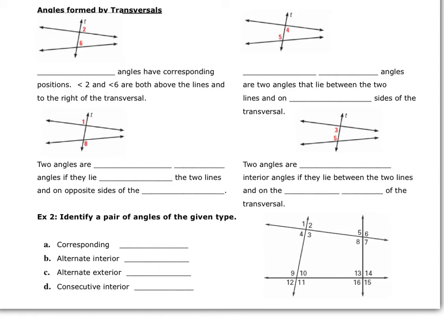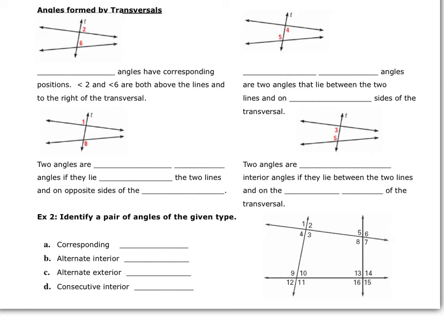Okay, so in this example 2, you're going to identify a pair of angles of the given type. Like I said, here we have two lines going this way, and then two lines going this way. If you need to, you can cover up this side and only look at these. Here's one line, there's the other.